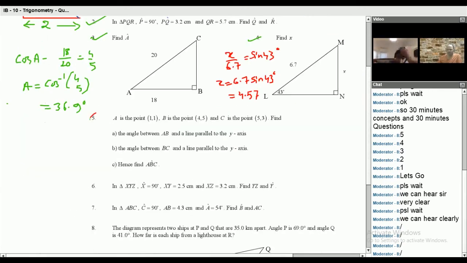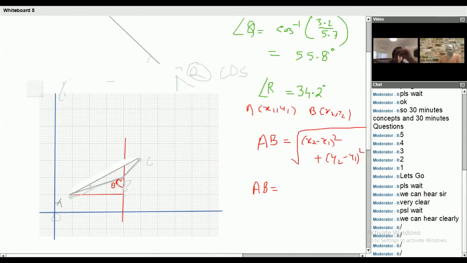A is (1, 1), B is (4, 5). So 4 minus 1 whole square and 5 minus 1 whole square. So can you quickly find out the distance between AB? 9 plus 16, 25. Yes, perfect. It is going to be 5 units.